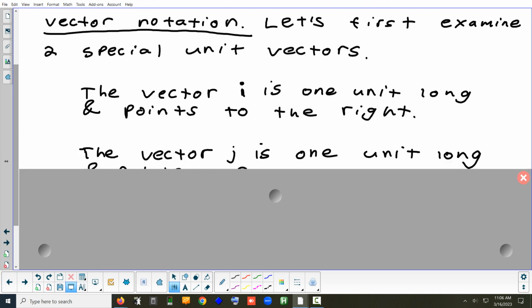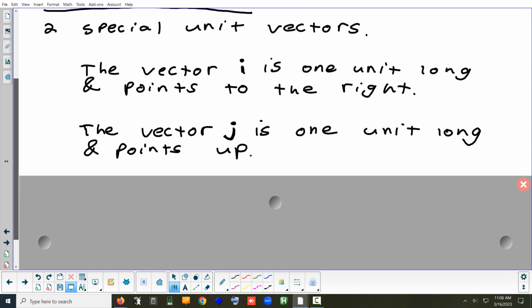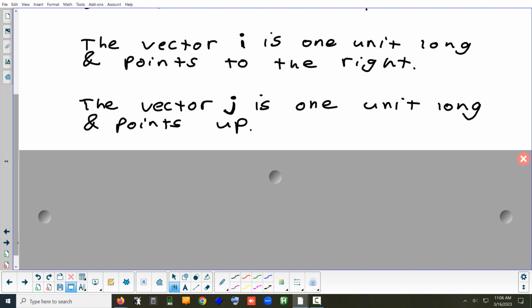We're going to define one other special vector, and that's going to be j. j is going to be a unit vector that points up. So j is a unit vector that points up.